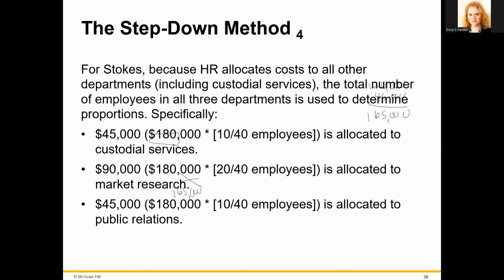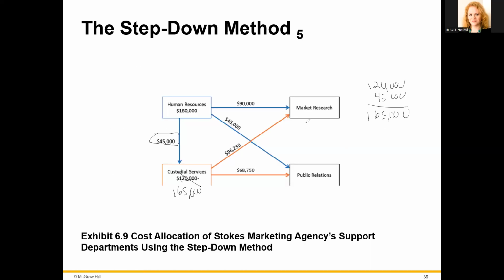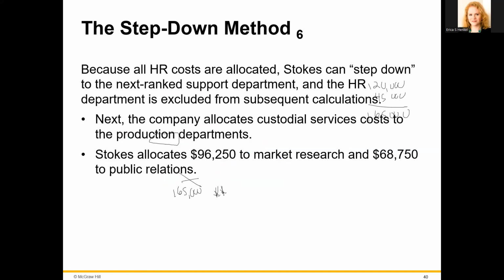Now, for the market research, let me just double check on this. Custodial services also is based on square footage, not on people. So way back in our earlier slide, now that I remember, they're going to allocate that based on square footage.